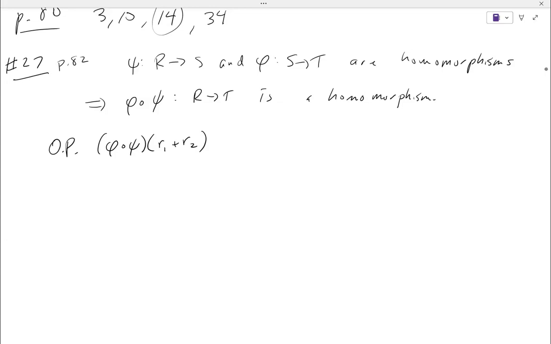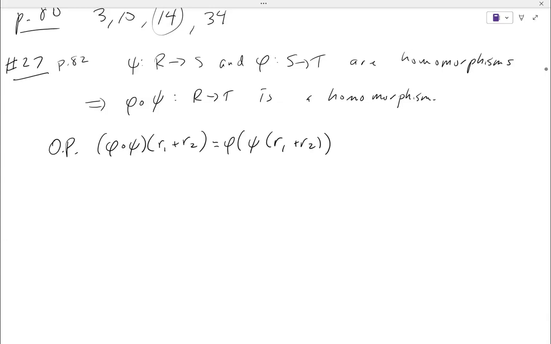I could call them x and y, it doesn't really matter; I just want to emphasize they're coming from R. What does the composition mean again? When you have phi composed with psi, or f composed with g, what does that really mean? You do phi of psi of r1 plus r2.